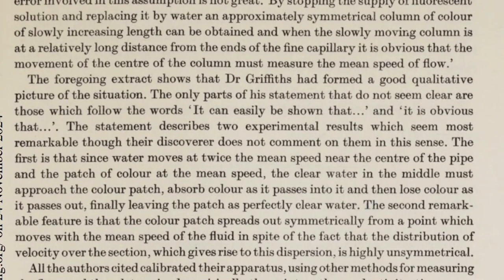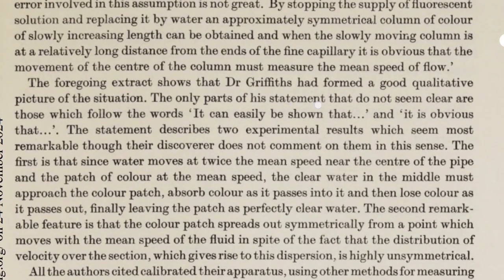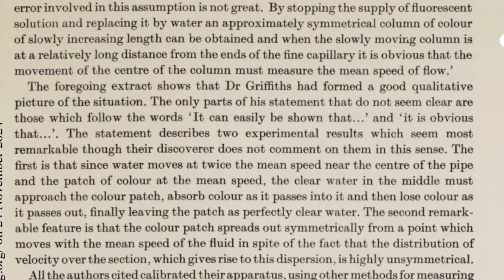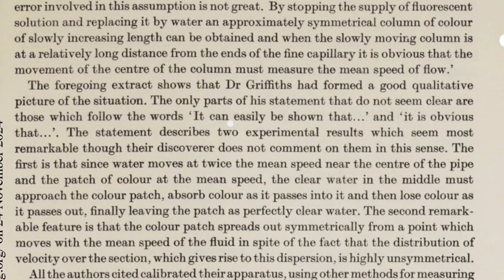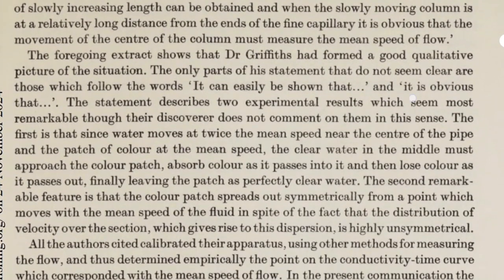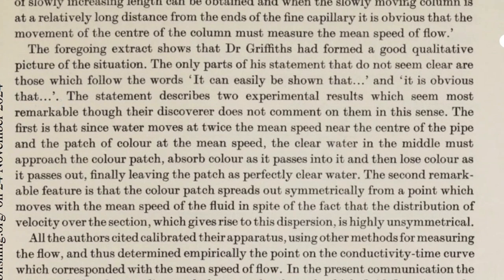Now what's interesting is G.I. Taylor then says that the only parts of Griffiths' statement that do not seem clear are those which follow the words "it can be easily shown that" and "it is obvious that." So he's saying that to him, and even to us, it's not obvious that the flow regime which he described is actually the case, and if it is, then why is it the case?